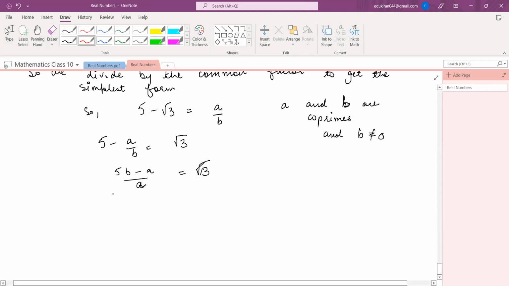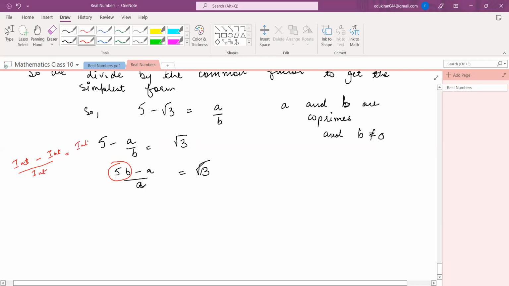If you look at the LHS, since a and b are co-primes, they are integers, obviously. So 5 into an integer is also an integer, isn't it? Like 5 multiplied with some integer is also an integer. And then minus, you have another integer, and then divided by an integer. So integer minus integer will also give you an integer.